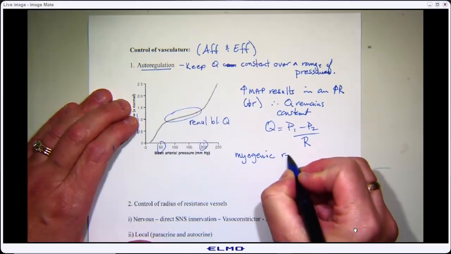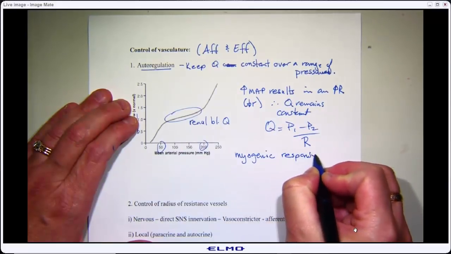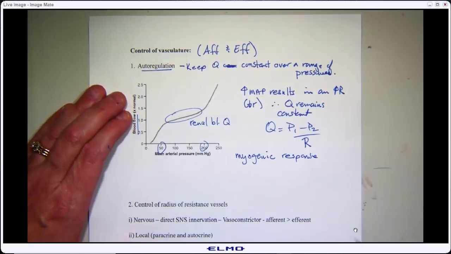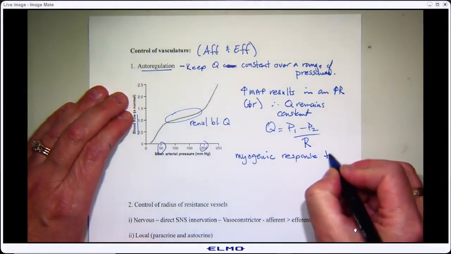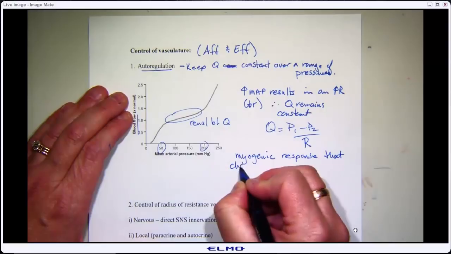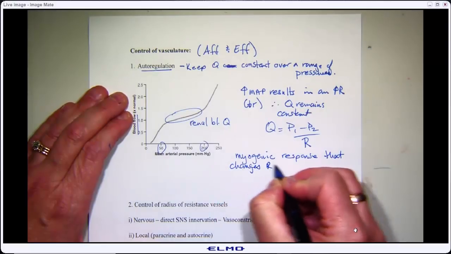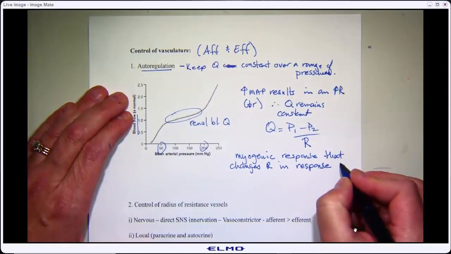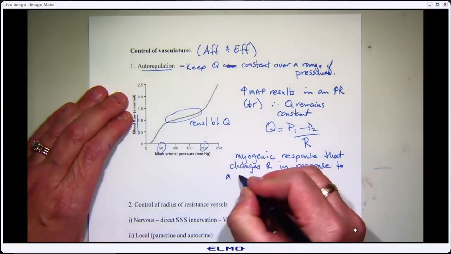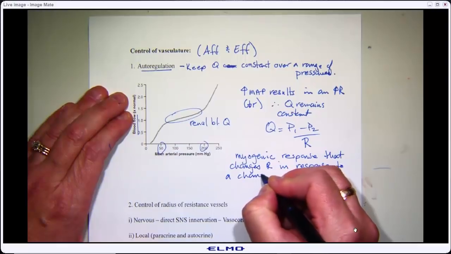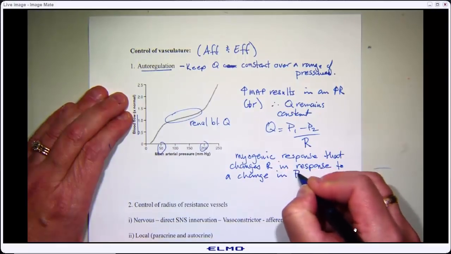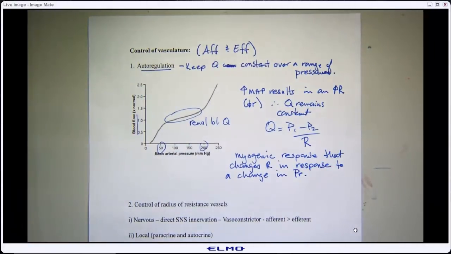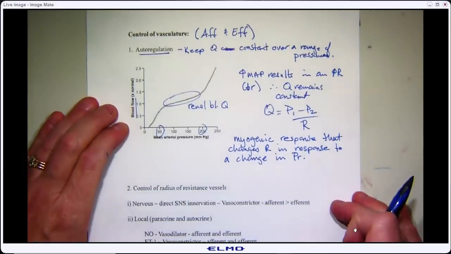So just as a reminder, it's the myogenic response that's changing resistance in response to a change in pressure. So stretch causes contraction. That's really what, physiologically, we're talking about.